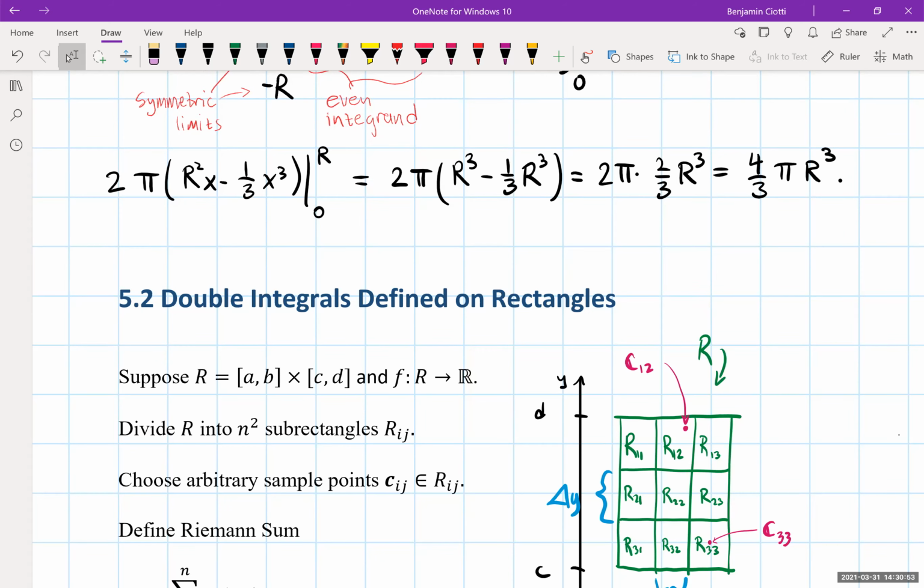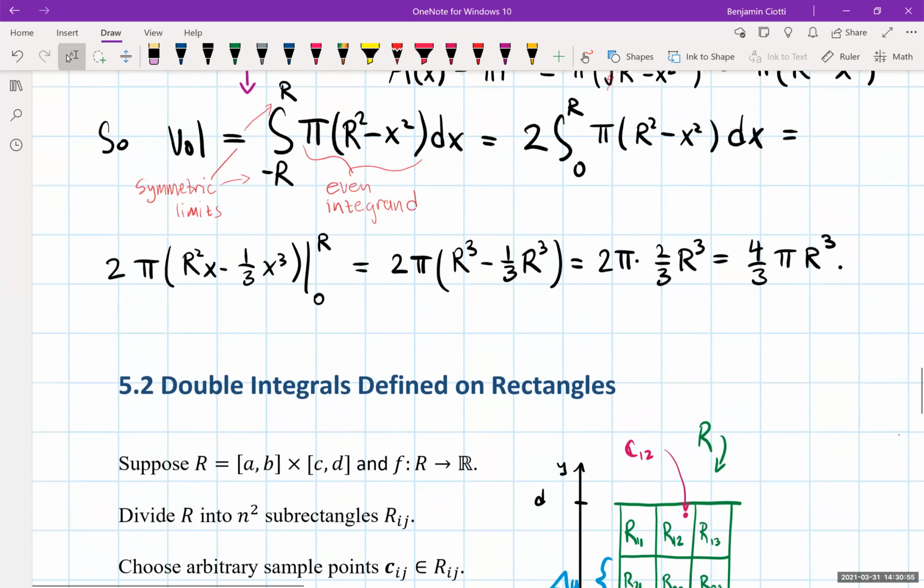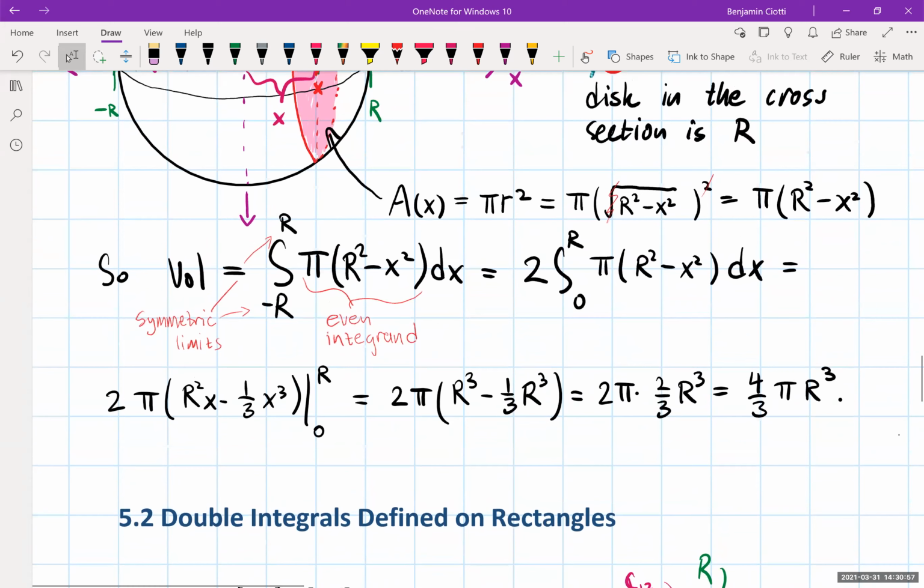Can we still use the split even if the limits are not symmetric? Not exactly, no. You would have to make them symmetric. You could split up the integral into a part that is symmetric, and there might be some left over that isn't. But you can't do that trick unless the limits are symmetric.